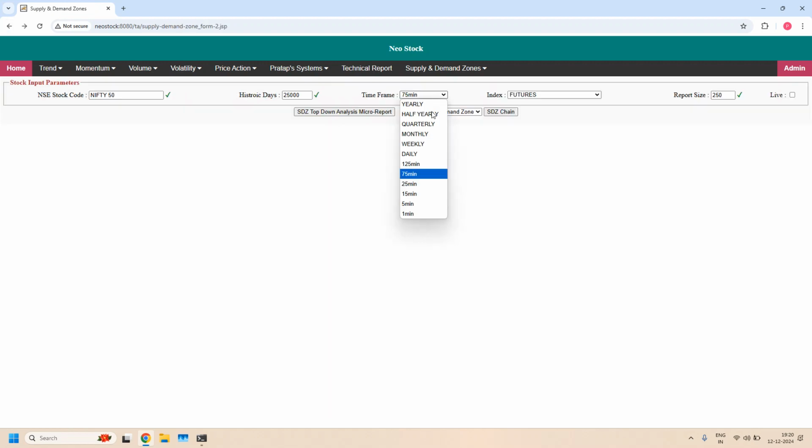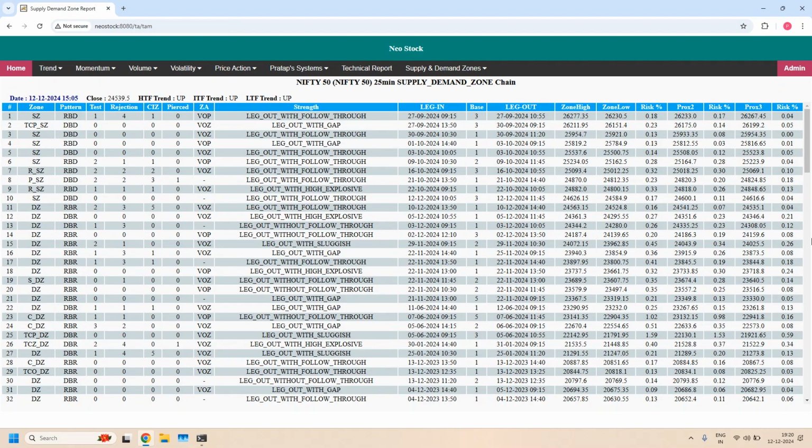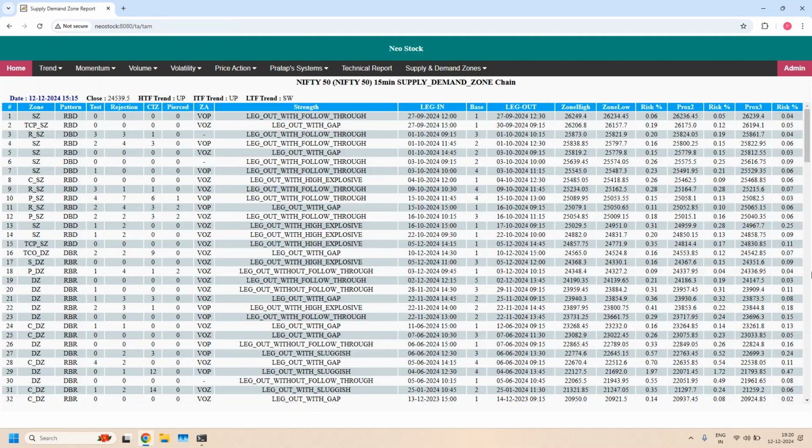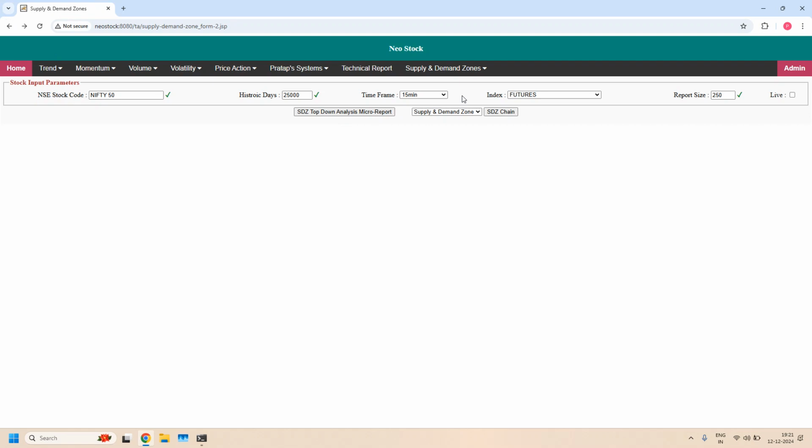Next, 25 minute supply demand zone chain for NIFTY. Next, 15 minute supply demand zone chain for NIFTY. Next, 5 minute supply demand zone chain for NIFTY.